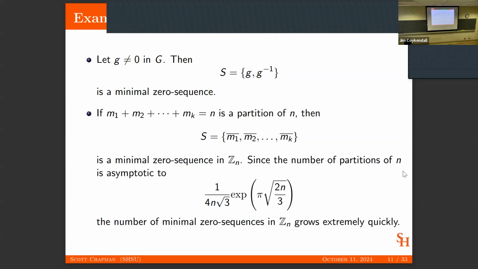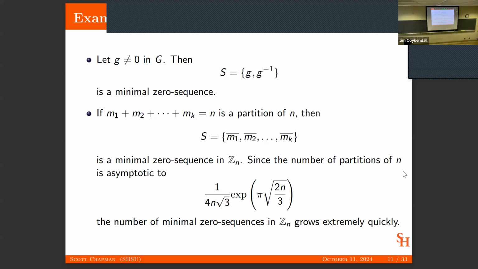So look at the sequence m sub 1 bar, m sub 2 bar, down to m sub k bar in Z mod n. That's going to be what? It's going to be a minimal zero sequence. Now, why is it minimal? Well, because these things sum to n, so no subsum of it is going to what? Sum to n. It's a minimal zero sequence in Z mod n.